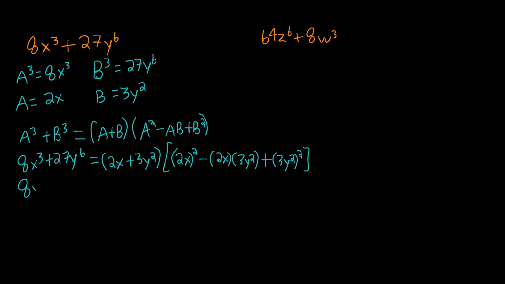So that's going to give me that 8x cubed plus 27y to the power of 6 is equal to (2x plus 3y) squared times (4x to the power of 2 minus 6xy squared plus 9y to the power of 4) as the factored form.